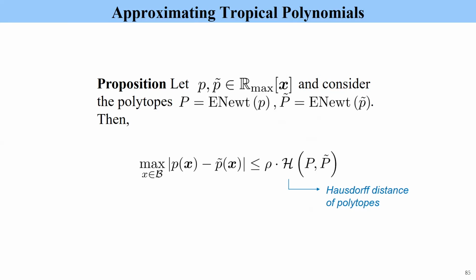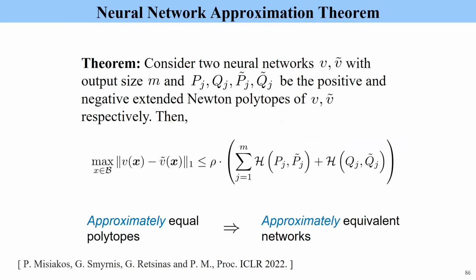If P and P tilde are polynomials with coefficients from R max, and we consider their Newton polytopes, then their max absolute difference over a ball is bounded by the Hausdorff distance between their polytopes. And we can extend that into the following theorem.